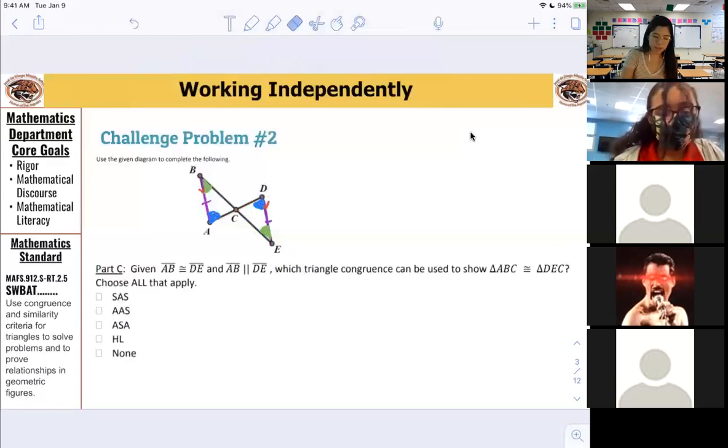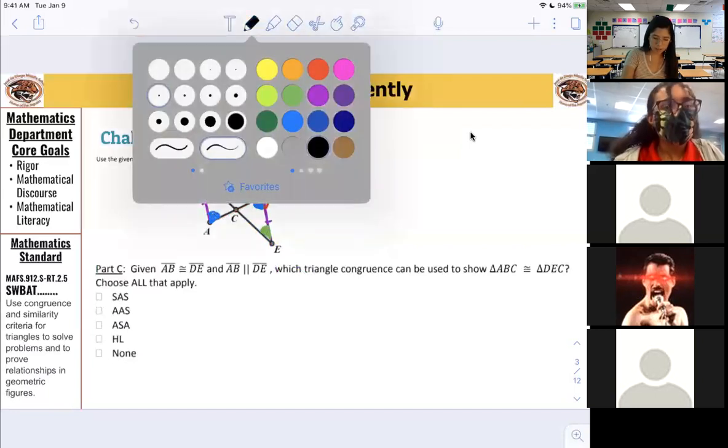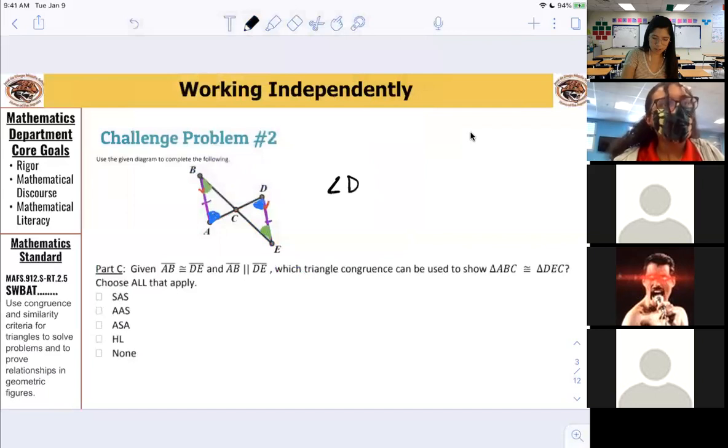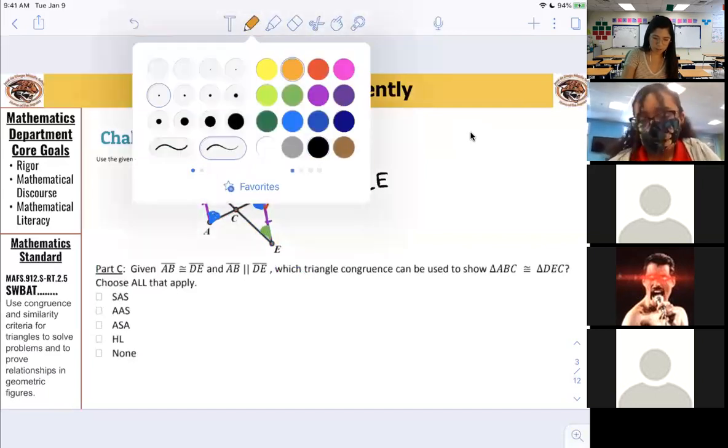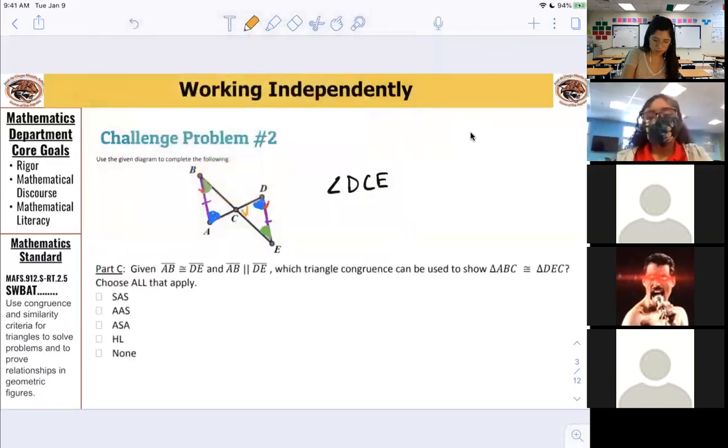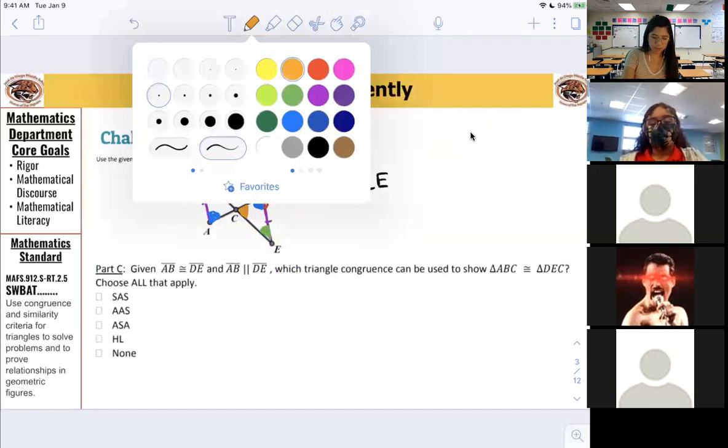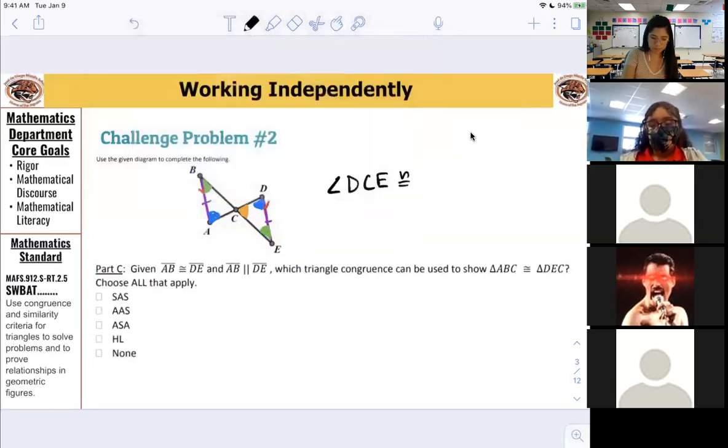Right, so let's think about it this way. Angle DCE, that would be this one right here. DCE is congruent to what? DCE and BCA. Close.